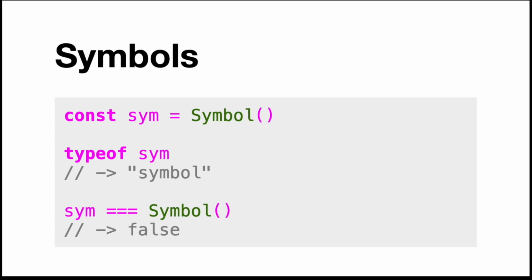You cannot get the value anywhere else. Every time you call Symbol, and you have to call Symbol, it doesn't have a literal, you write Symbol and then parentheses, nothing will be comparable to this. Nothing is equal to this. It's a unique value. If you know symbols from other languages, let's say Ruby, that's very different. Every time you call Symbol, you get a different one.